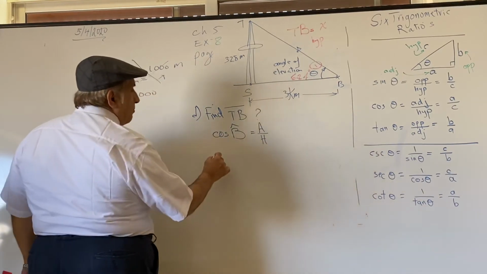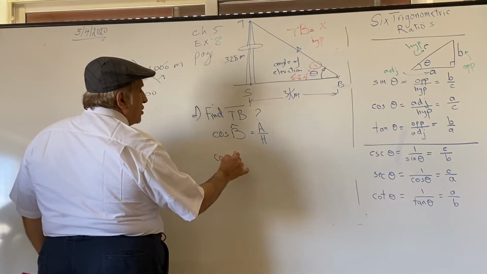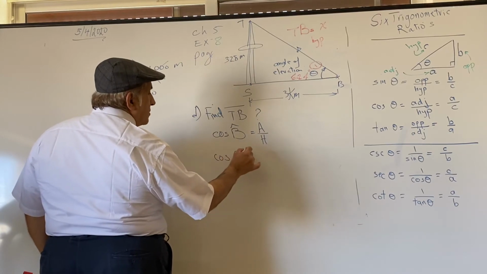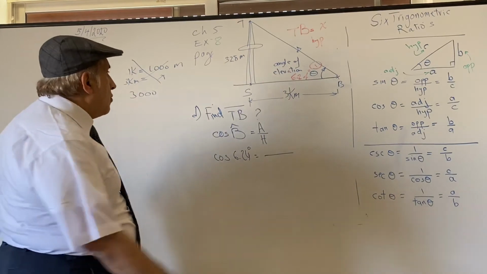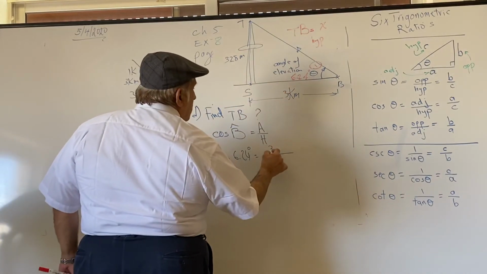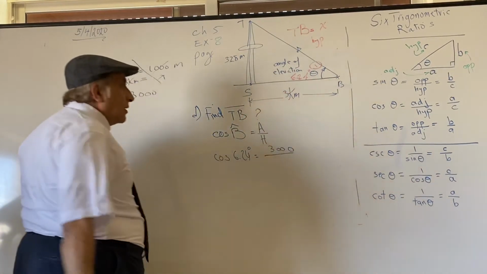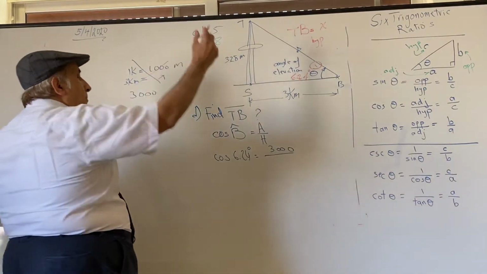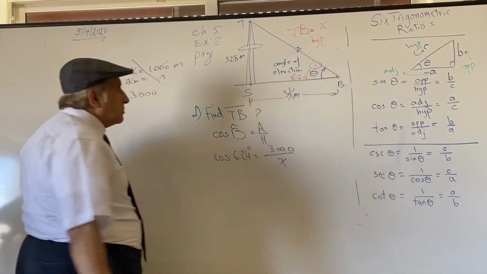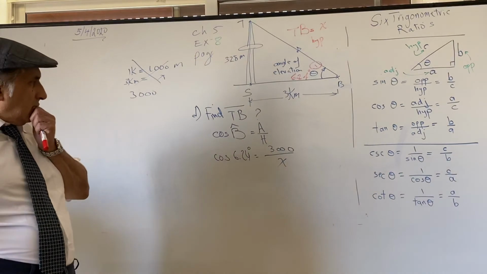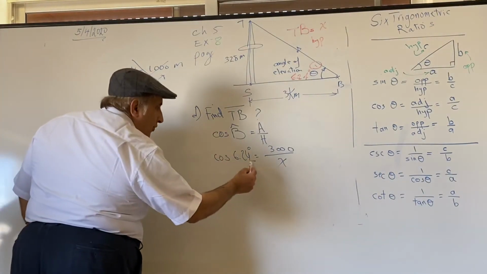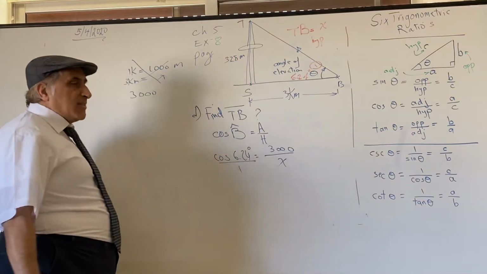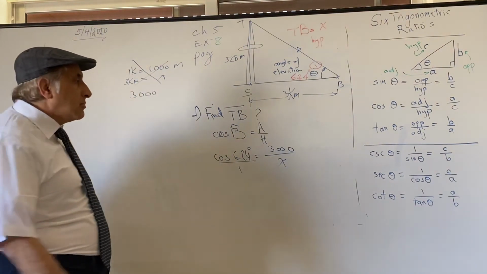What is the angle, B or theta? It's actually 6.24 degrees. What is the adjacent? Oh, the adjacent is 3 kilometers, or 3,000 meters. Remember that one? And therefore, the hypotenuse is called X. How can I solve that? It's a simple algebraic equation. Remember chapter 1, question 2?